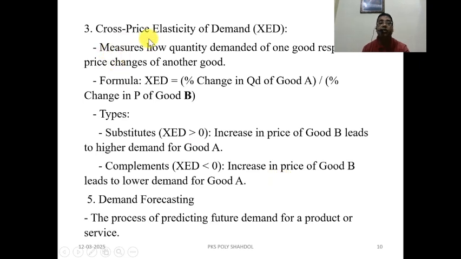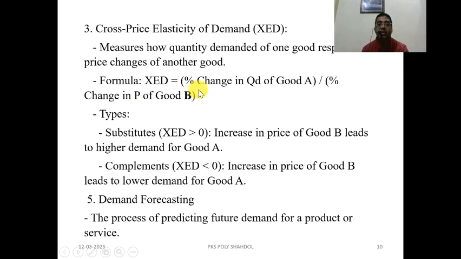Third, cross price elasticity of demand. Cross price elasticity of demand measures how quantity demanded of one good responds to the price change of another good. As we have seen in earlier examples, for example, if petrol prices go up, the demand for cars or vehicles will go down.